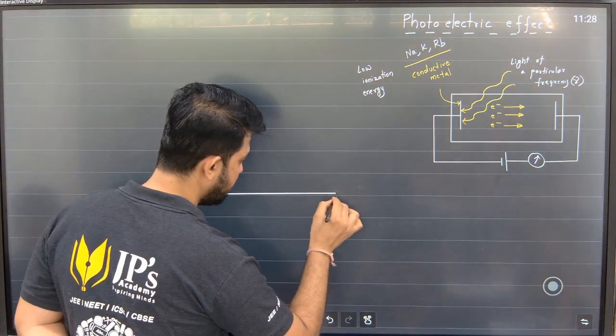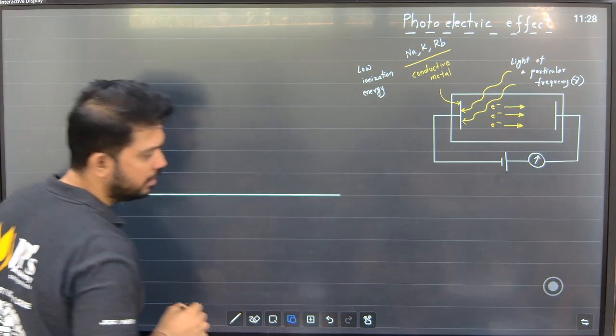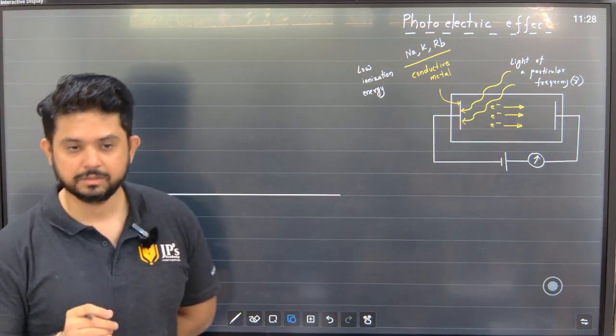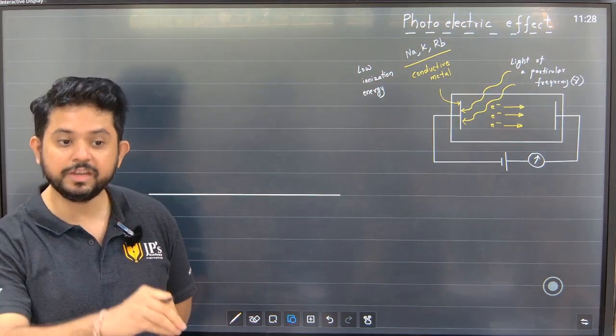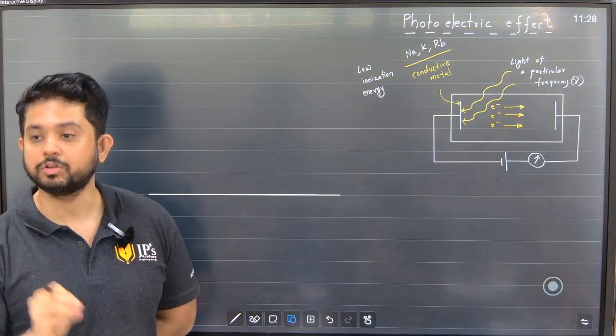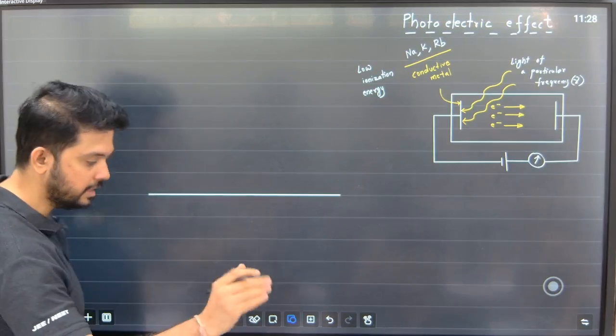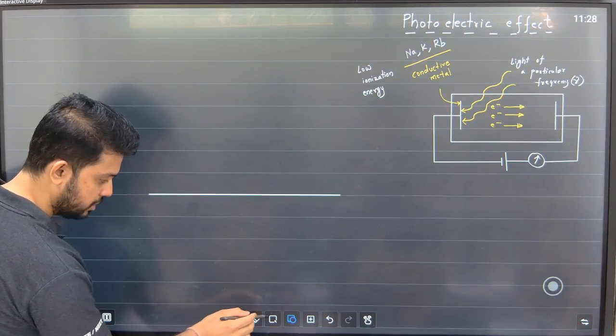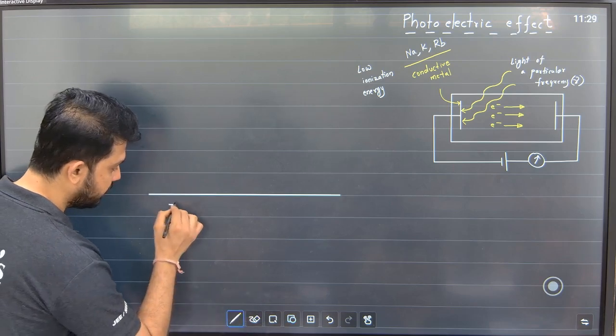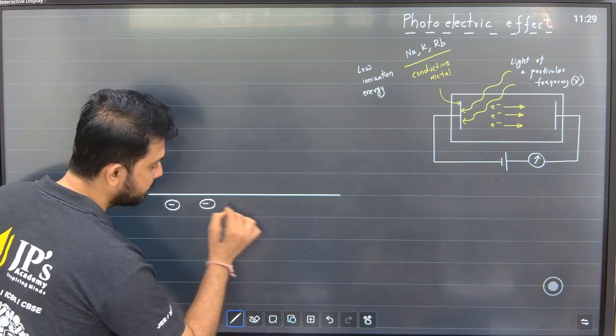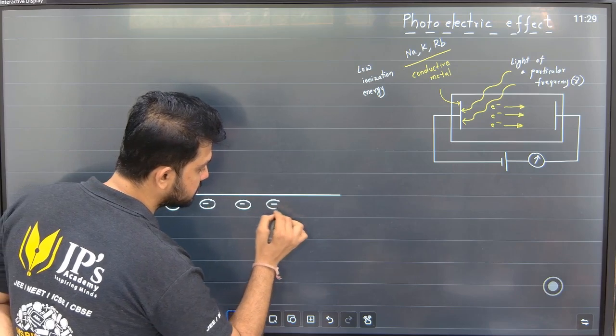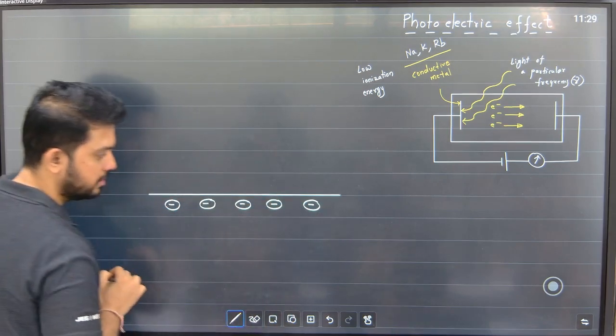Remember people, these are alkali metals, or metals in general, which have a lot of free electrons. ठीक है? And it is a conductive metal. The reason they conduct is because they have free electrons. So these are all electrons.